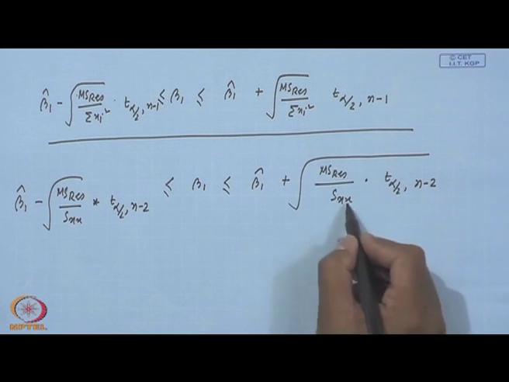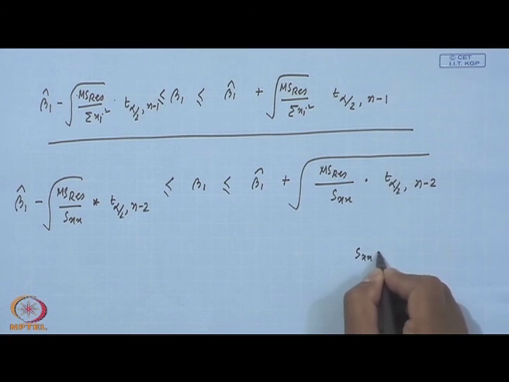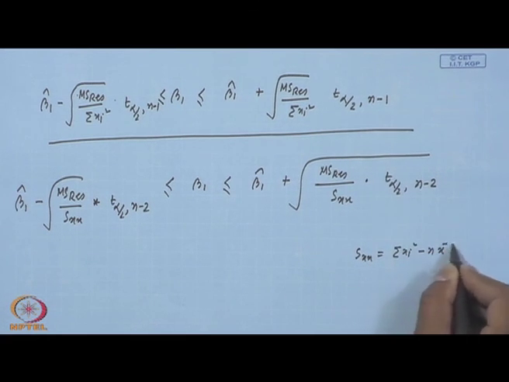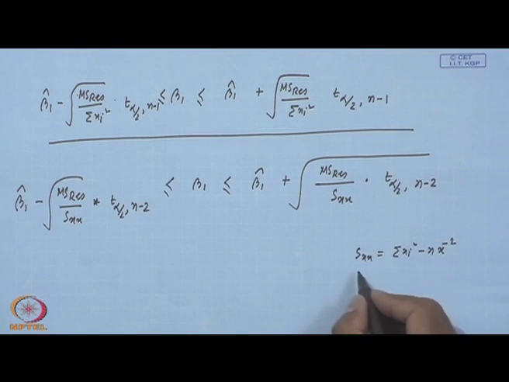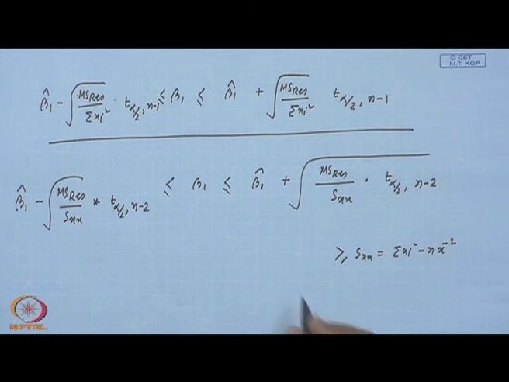See, Sxx is equal to summation x_i square minus n x bar square, which implies that Sxx is smaller than summation x_i square.